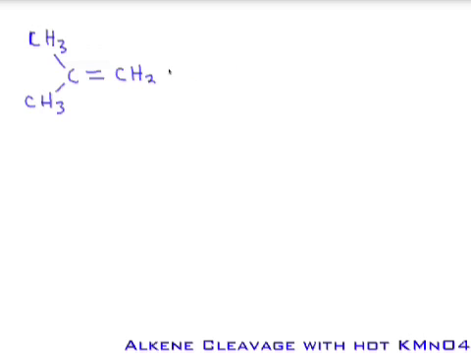A straight line can be the most difficult thing to draw. KMnO4 and heat. Well, wherever the double bond was, I break it and put a double bond O. So there's my double bond O from that carbon, and here's my double bond O from the other carbon. If there's carbons, they don't get affected. So it looks like I get acetone.